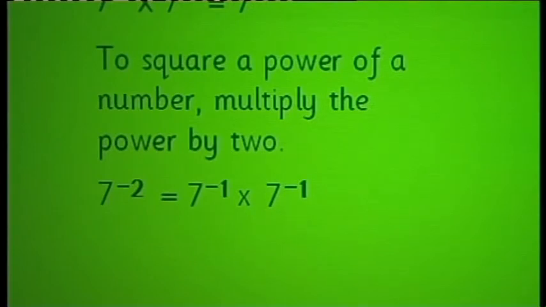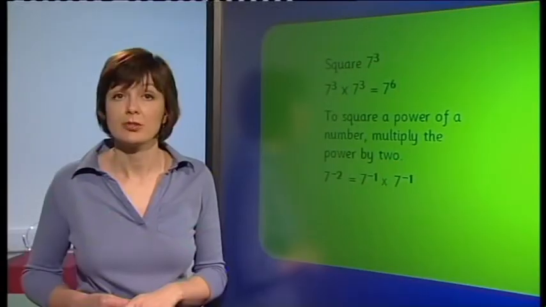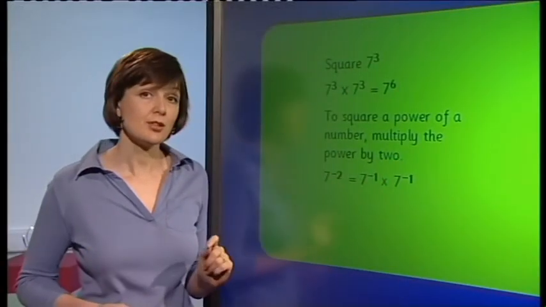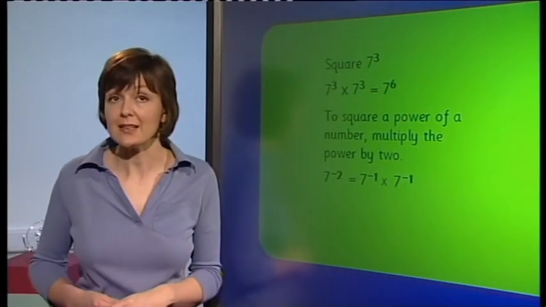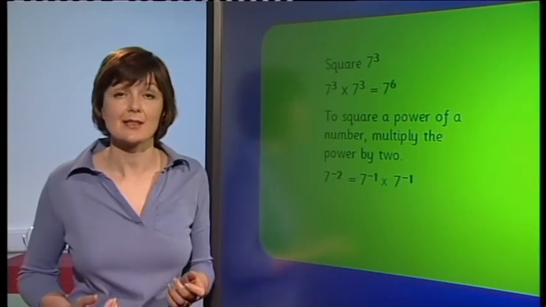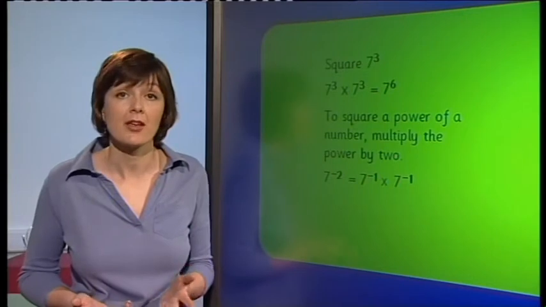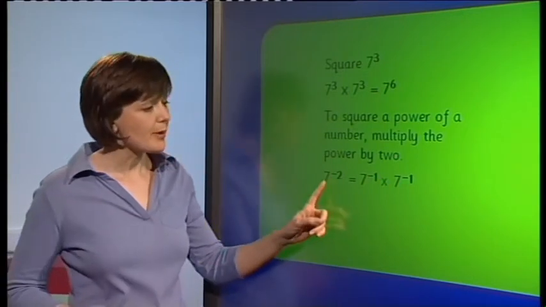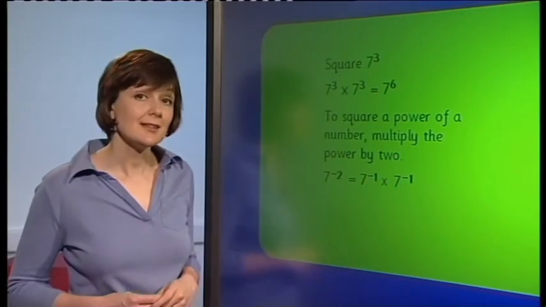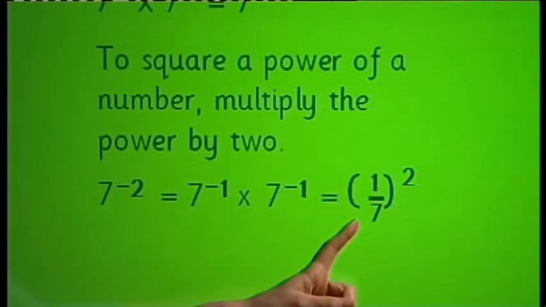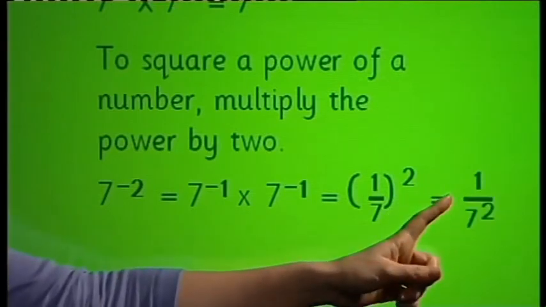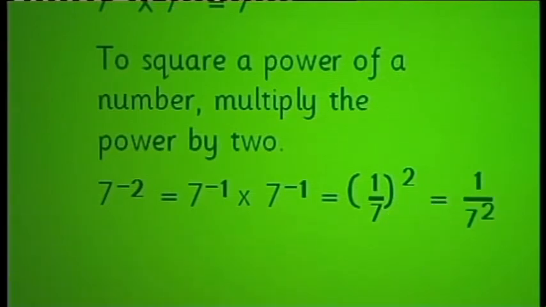The squaring rule tells you to multiply the negative 1 by 2 to give negative 2. But you've just seen that 7 to the power negative 1 is 1/7. So 7 to the power negative 2 is 1/7 squared, or, which is the same thing, 1 over 7 squared.